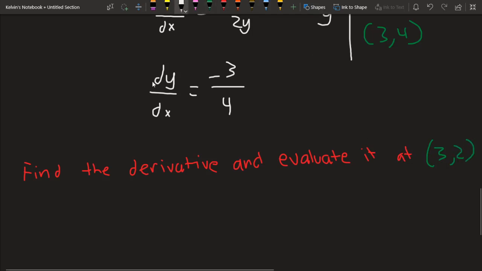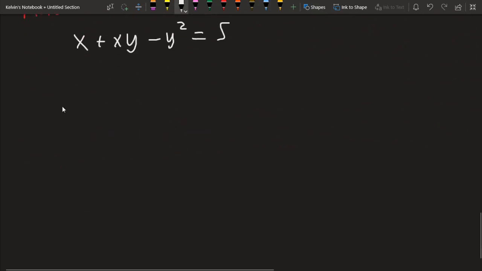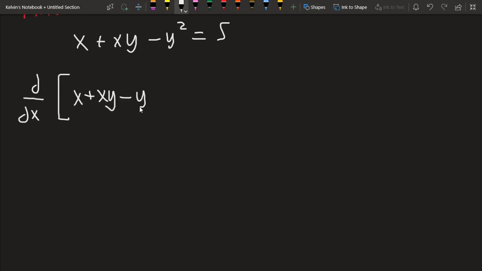And then let's say the equation they give us is x plus xy minus y squared equals 5. So we have to find the derivative of this, of course. So this would just be d dx of x plus xy minus y squared equals 5.